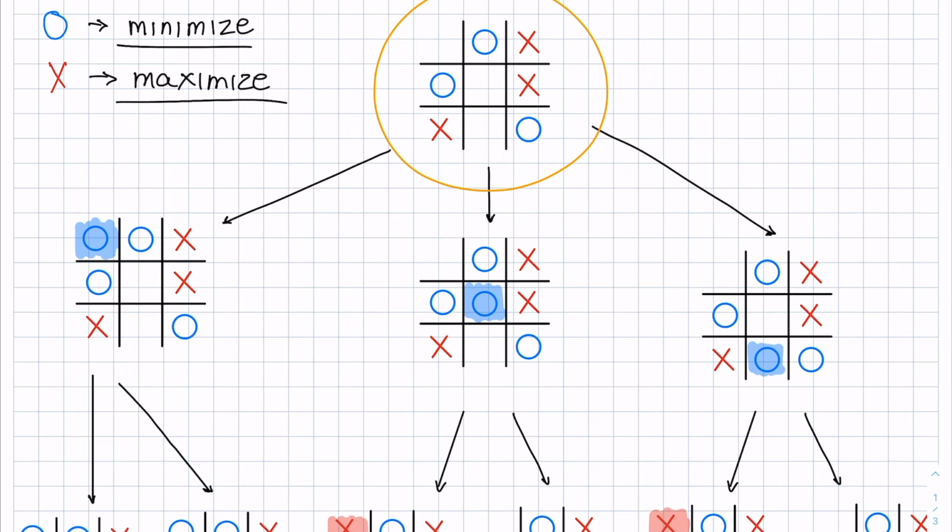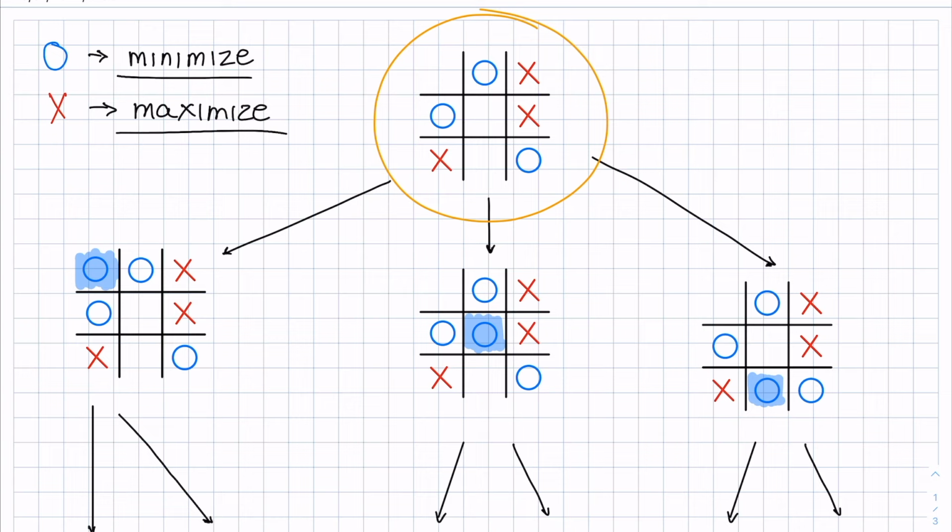So when we call the Minimax function, the first thing we want to do is, by the way, the function is going to receive a board, right? So in this case, let's say we send as parameter this board. Now, the first thing we want to do when we are doing the Minimax algorithm is check if we are on a terminal case.